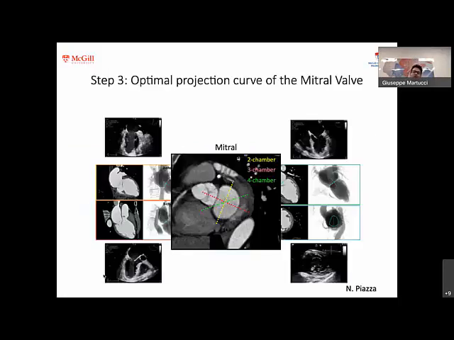So if we now take the mitral valve, as we demonstrated earlier, depending on how you cut the valve, you can get, as we said, a 3-chamber view, a 2-chamber view, or a 4-chamber view. In the case that was illustrated, if I remember correctly, the leak was very close to the left atrial appendage and was best seen in a 2-chamber view, and the procedure actually was done in a 2-chamber view.